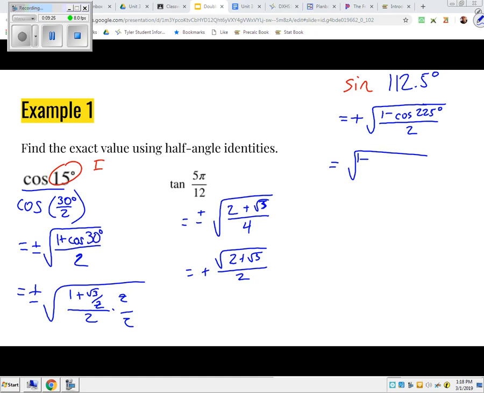So a negative square root of 2 is just a positive square root of 2 over 2. Leave myself a little space there so I can multiply it by 1. So distribute the 2 right there. What's square root of 2 over 2 times 2? Square root of 2. And then 2 times 2 on bottom is all over 4. We made it.